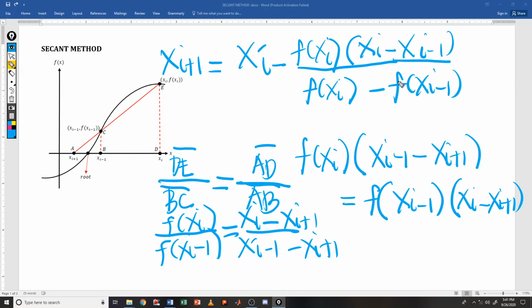So this is the formula of the secant method. So usually the iteration will start at i equal to 0.